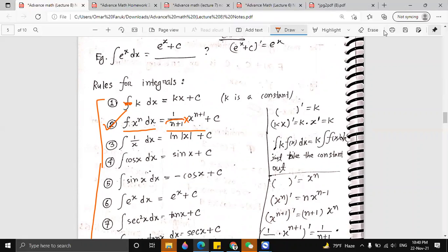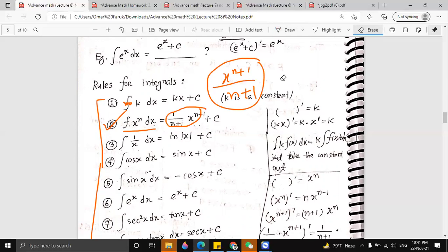So you can also write it down here, and you can skip this one, because 1 multiplied by x to the power n plus 1 is the same. So x to the power n plus 1 by n plus 1, this part and the thing I wrote here, they are all the same. Got it.